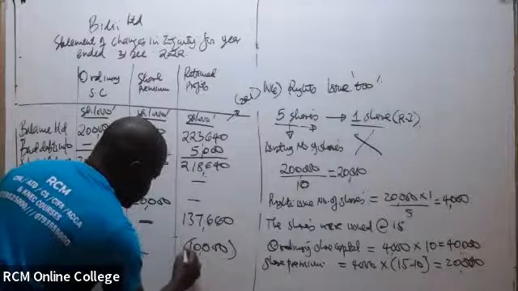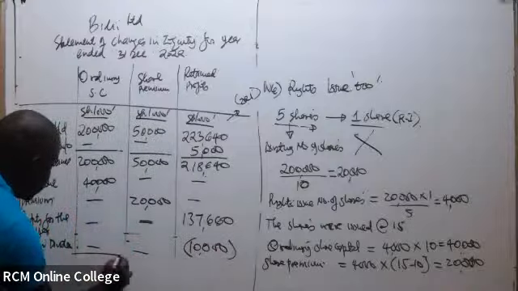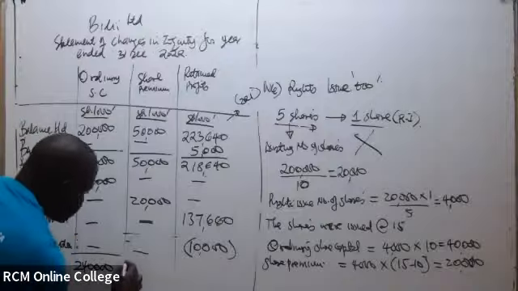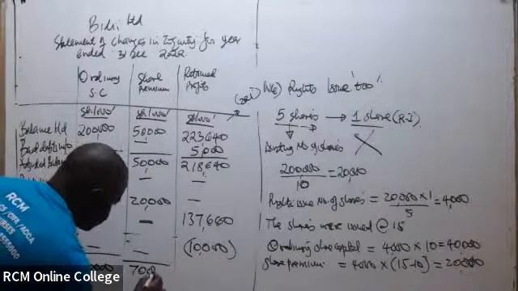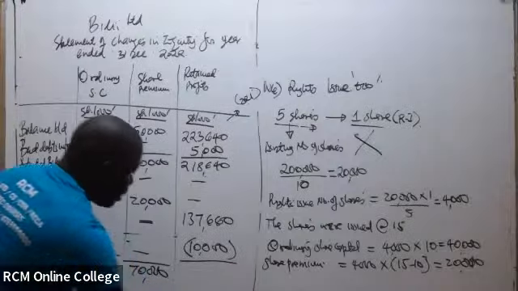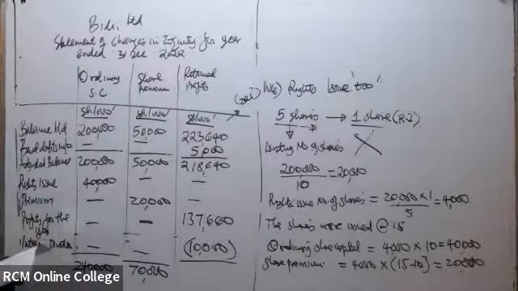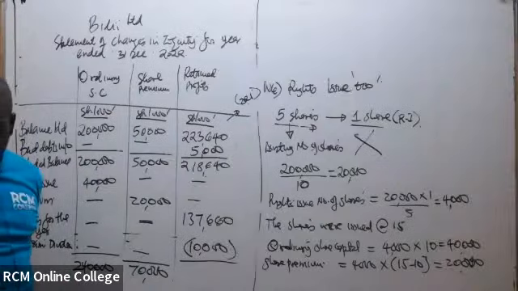So we can deduct. Then in this case we can get our totals. This one is 240 million. This one is 70 million. Then this one will become how much? 346,300.